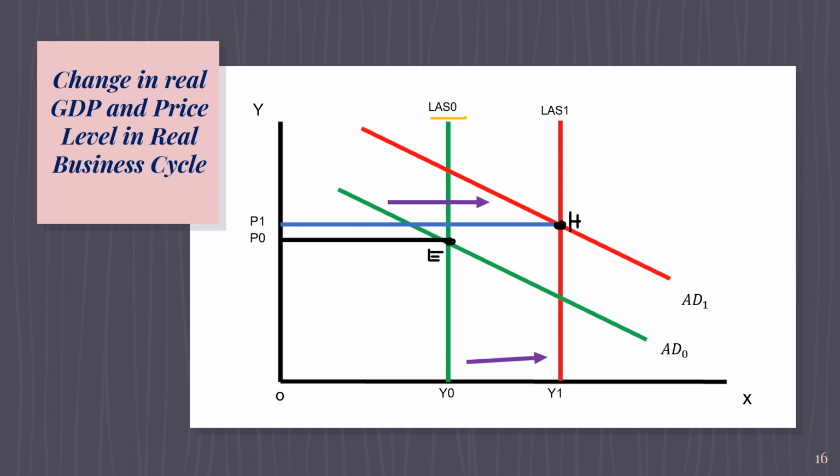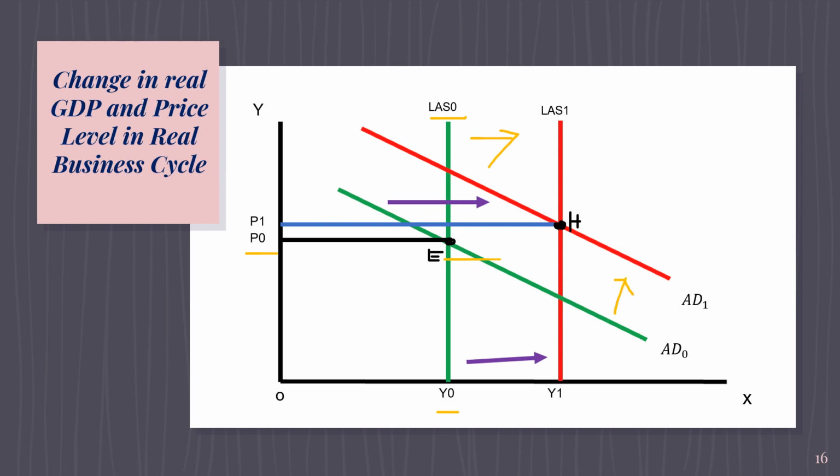In this diagram, you see that the initial equilibrium is at point A, at which the potential real GDP is at Y0 and the price level is at P0. And let's say that there is a positive technological shock taking place in the economy, because of which the long-run aggregate supply curve will shift to the right.